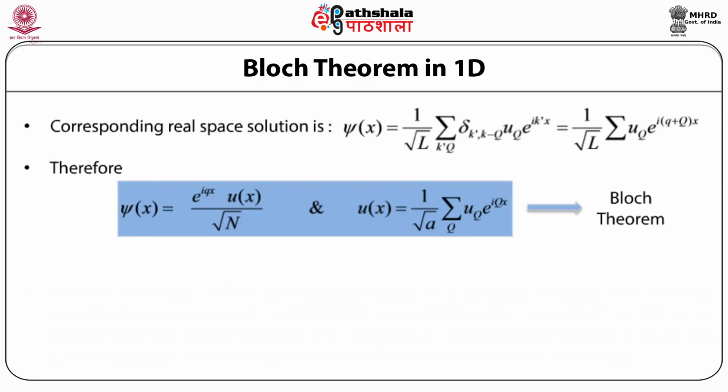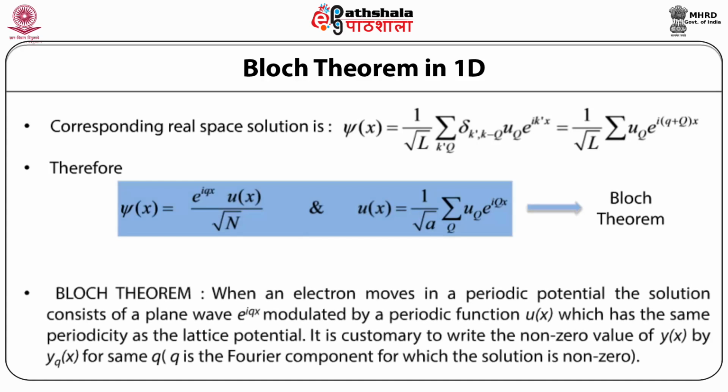Therefore, phi of x is equal to e raised to power iqx into u x divided by root N, where u x is equal to 1 by root of a summation over capital Q U q e raised to power i capital Q into x. This is nothing but Bloch's theorem. When an electron moves in a periodic potential, the solution consists of a plane wave e raised to power iqx modulated by a periodic function u x, which has the same periodicity as the lattice potential.